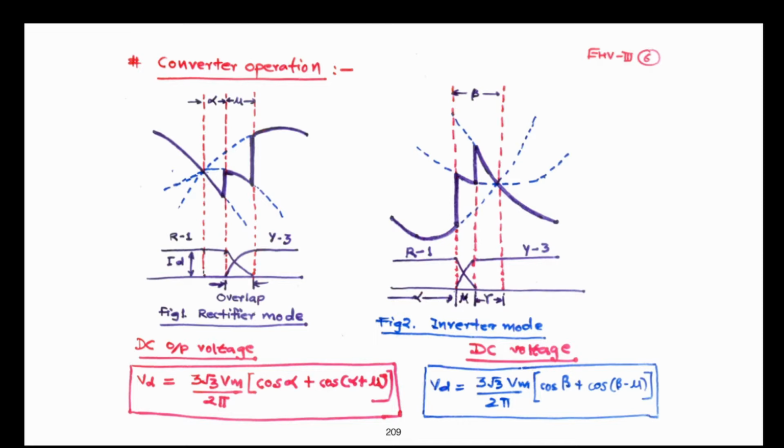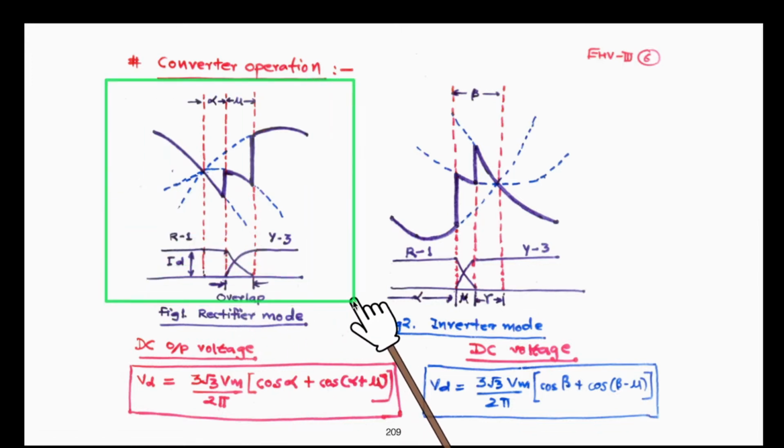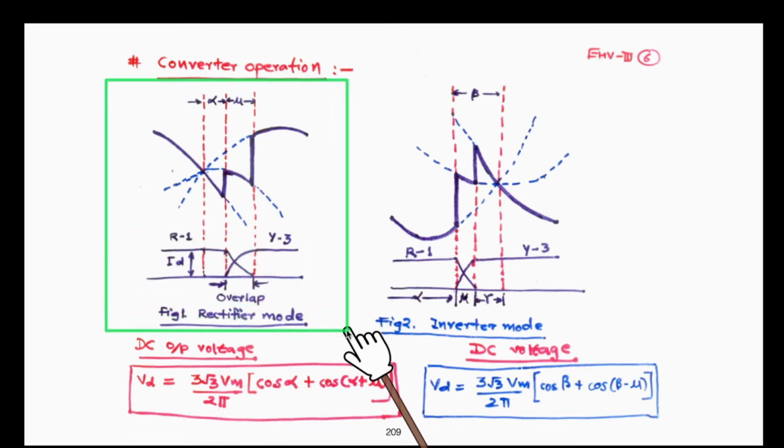Kindly take a look at the waveform shown on the left hand side of this slide. This is a window of the waveform available at the output of a rectifier.